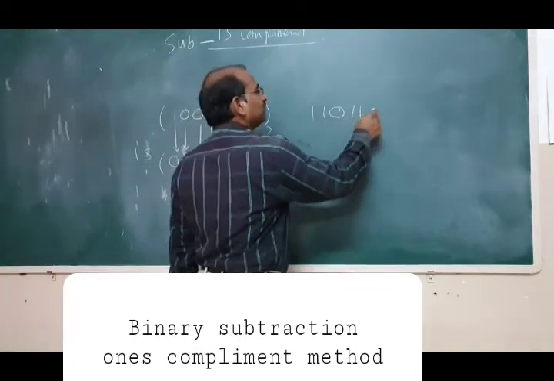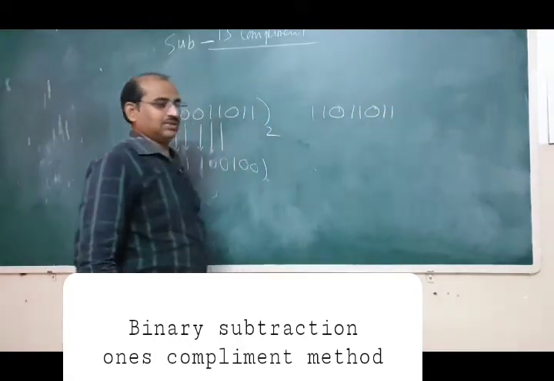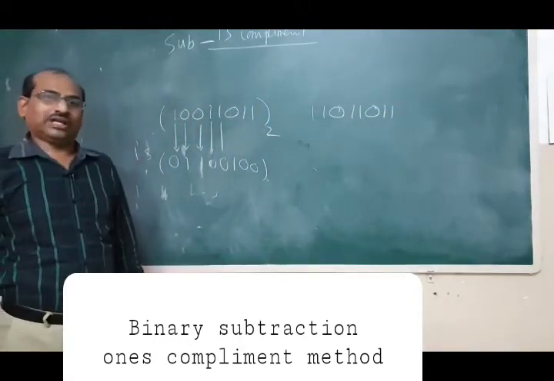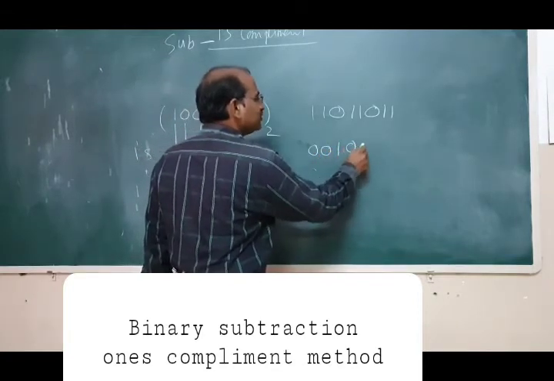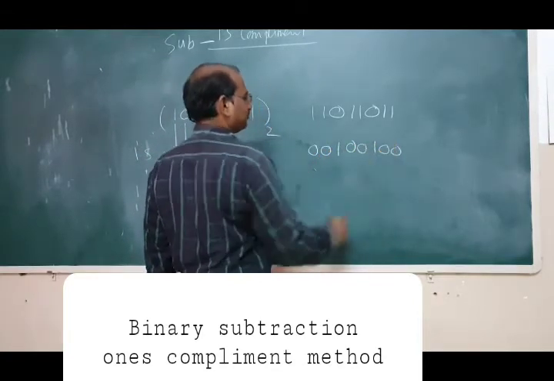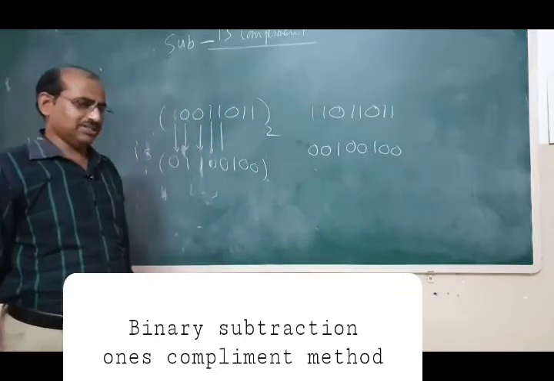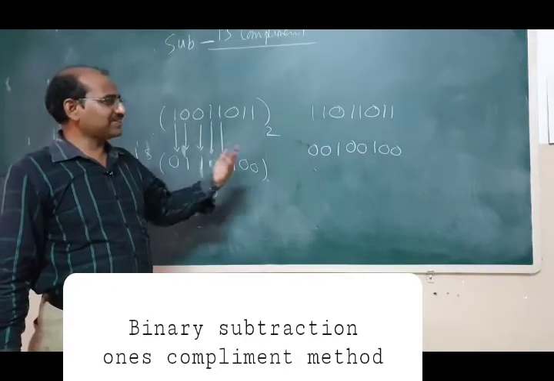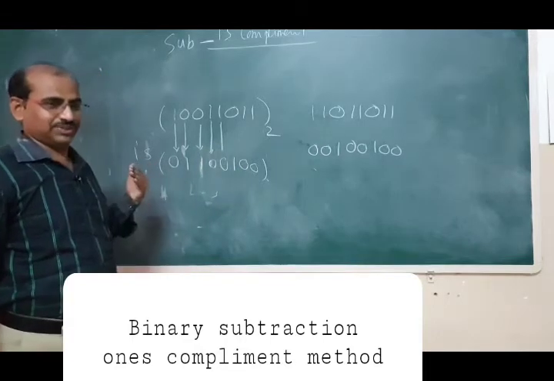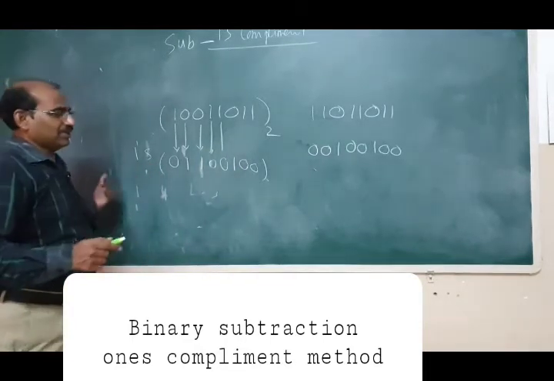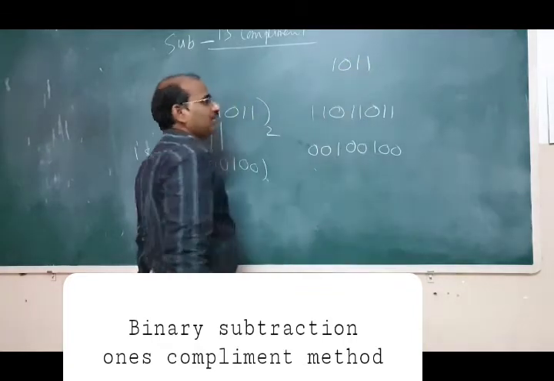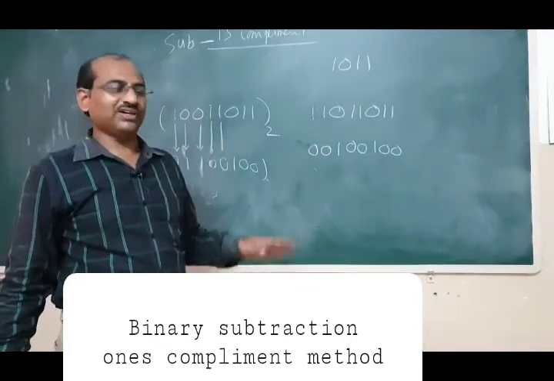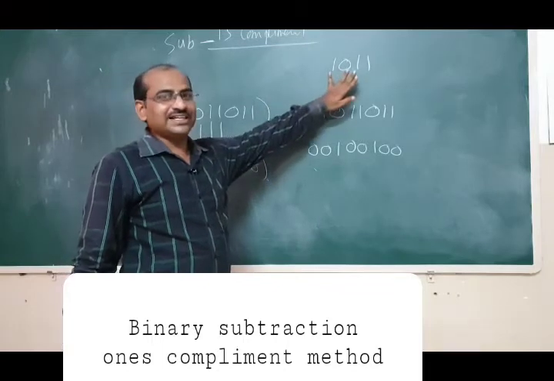Say, how to write the complement: it is 0 0 1 0 0 1 0 0. One more point: sometimes you may have to extend zeros to the left side. Suppose they have given 1 0 1 1 and you have to write the complement with 6 bits.